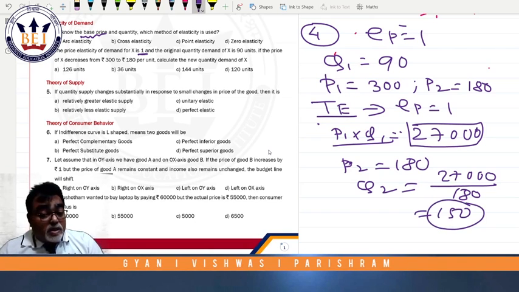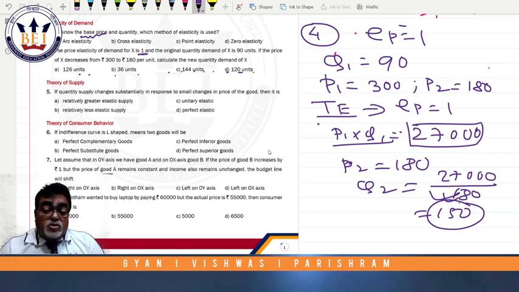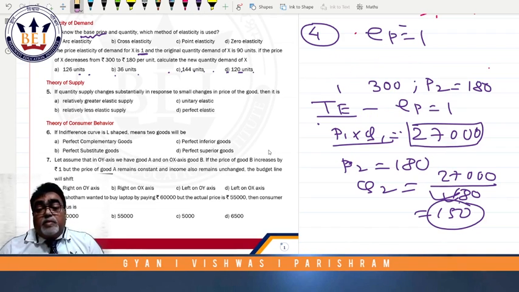Some advanced students may think of the total expenditure method and get 150, but look at this: none of the options has 150. So what is the option left for us? We should apply the plain percentage method.